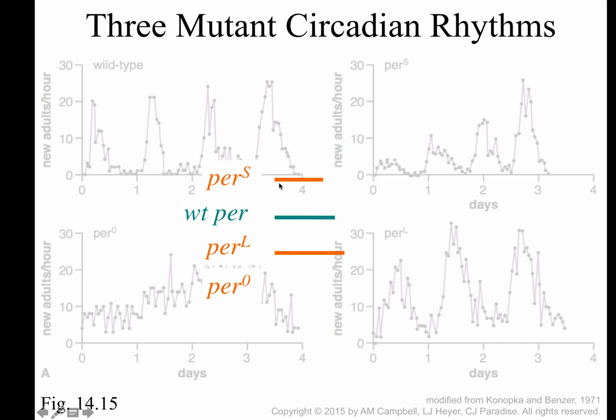So again, here's the wild type cycle, and this is the period of inactivity when they're not hatching. The period when they're not hatching is shorter in PER-S, longer in PER-L, and then no period at all in PER-0.